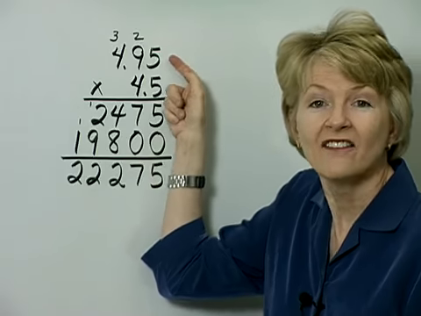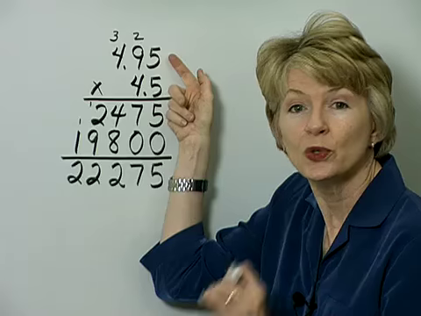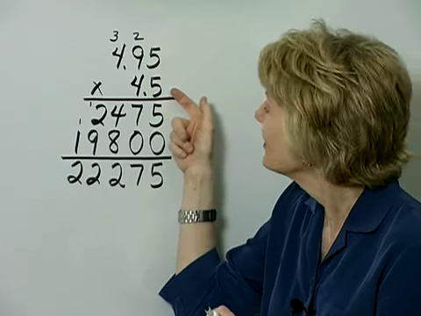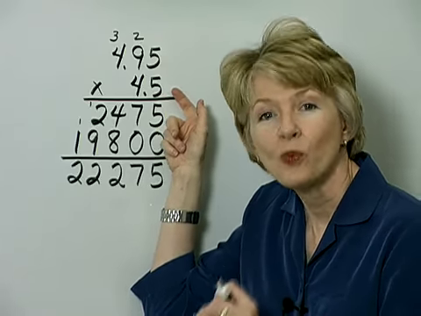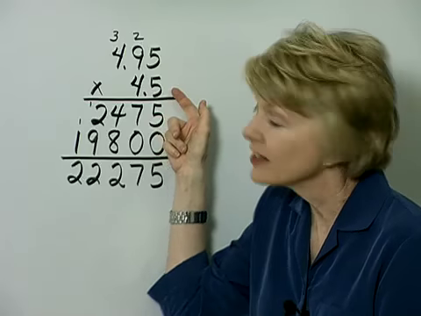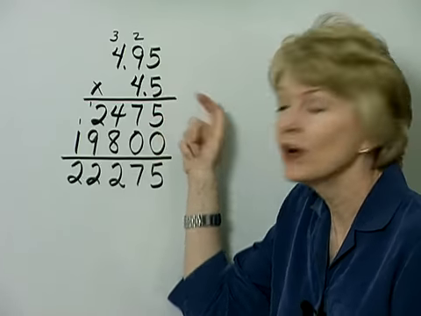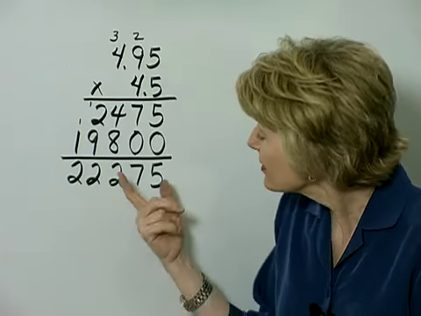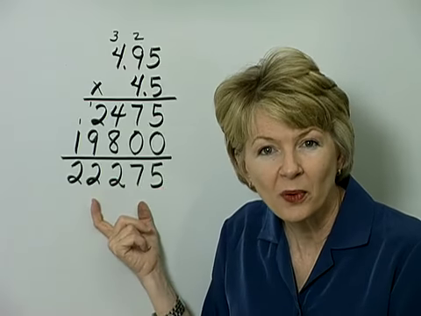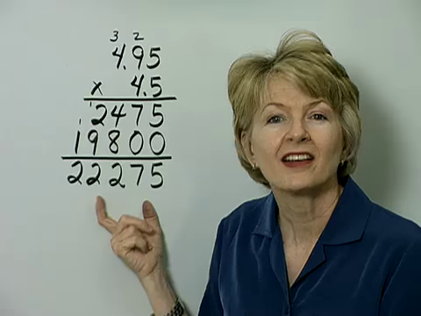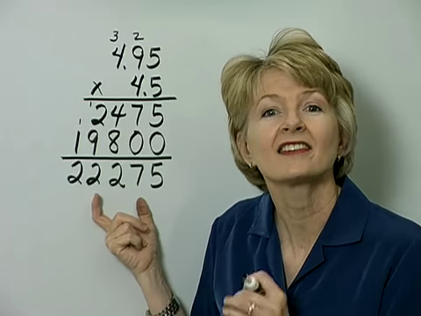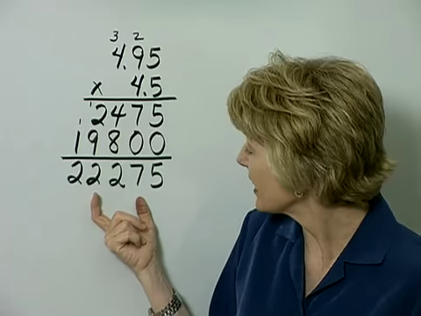Remember, this factor has 2 decimal places. This factor has 1 decimal place. 2 plus 1 is 3. So we place the decimal point in this product so that the product contains 3 decimal places.